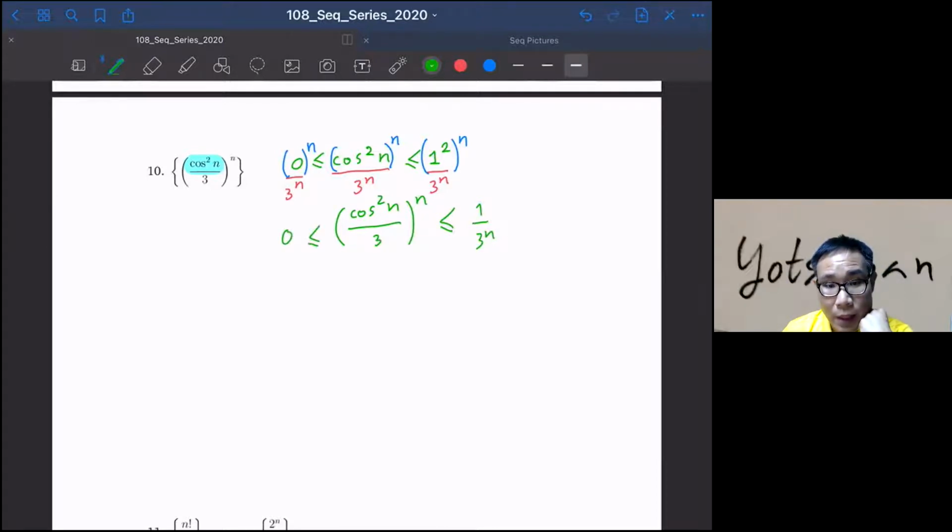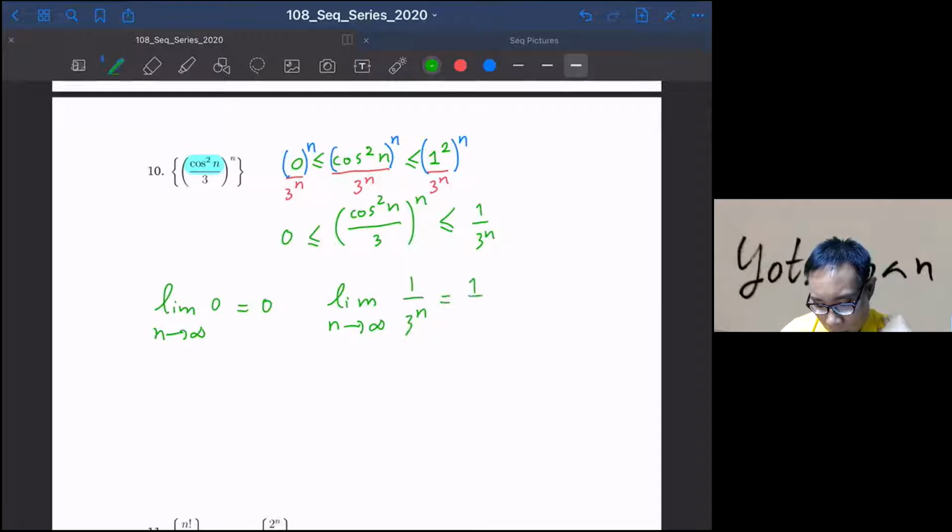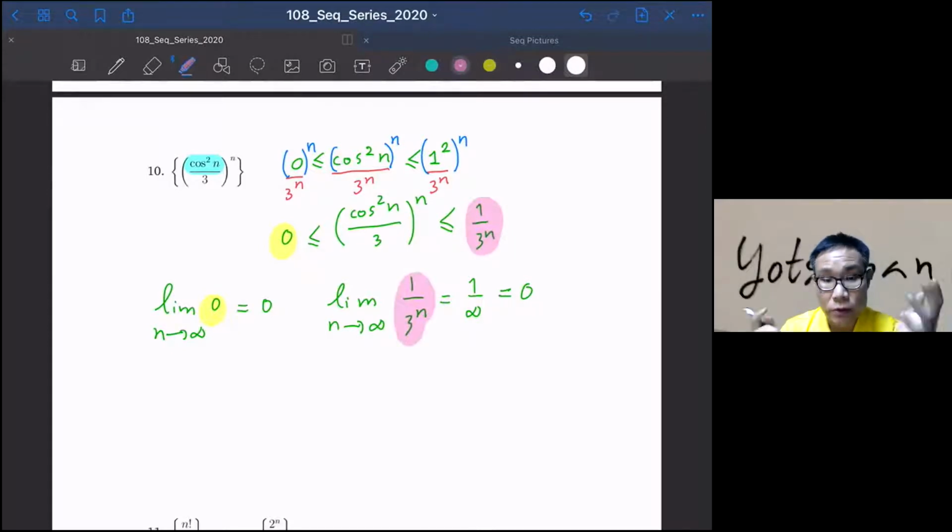You know that the limit as n goes to infinity of 0 is 0, and you know that the limit as n goes to infinity of 1 over 3 to the n, which is 1 over infinity, also becomes 0. So the limit of the yellow guy is equal to 0, and the limit of the pink guy is also equal to 0.